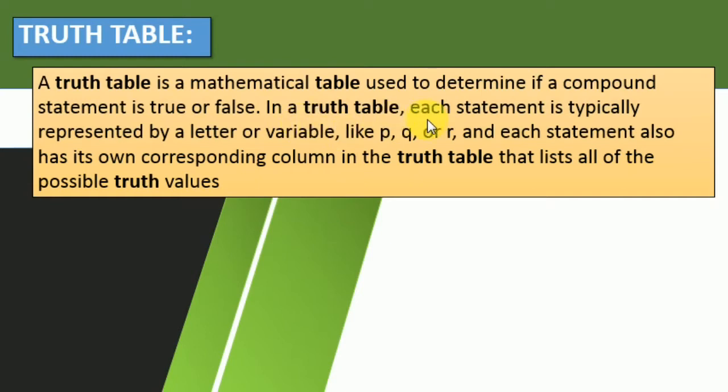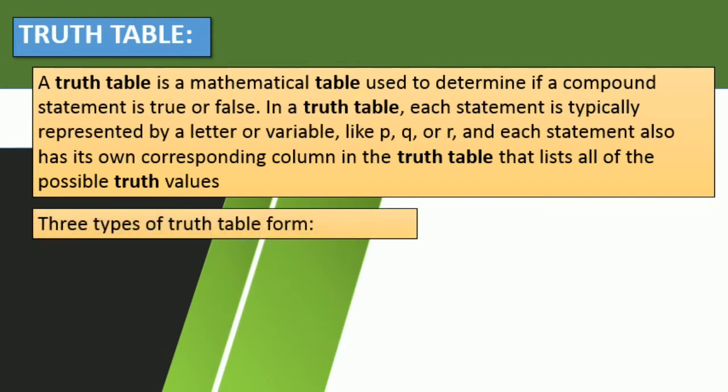In a truth table, each statement is typically represented by a letter or variable, and each statement has its own corresponding column in the truth table that lists all the possible truth values in the form of 0 and 1. I'm going to show you how that is done. First you need to know how the truth table is designed.